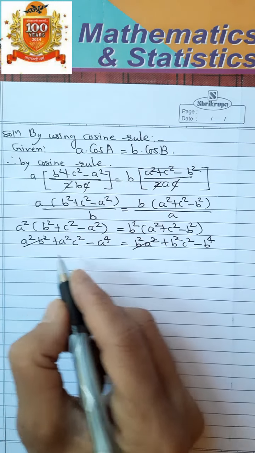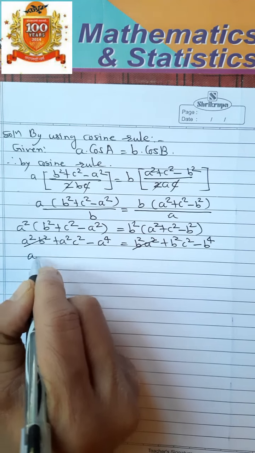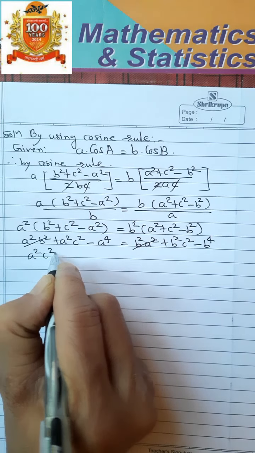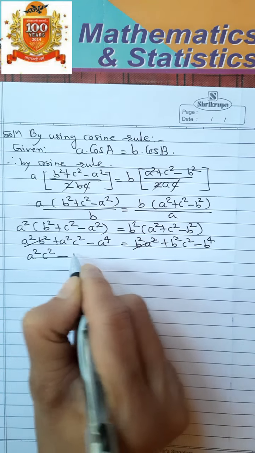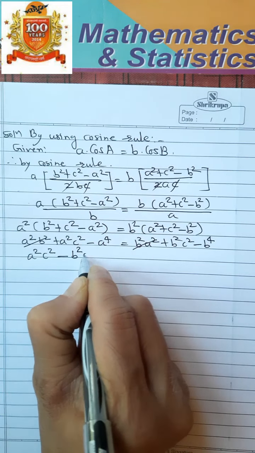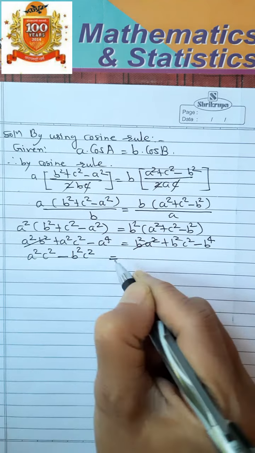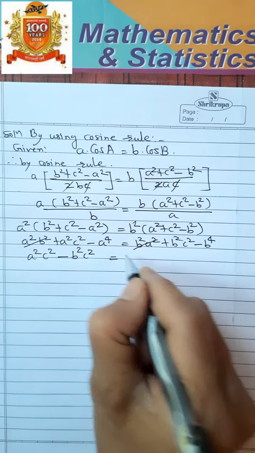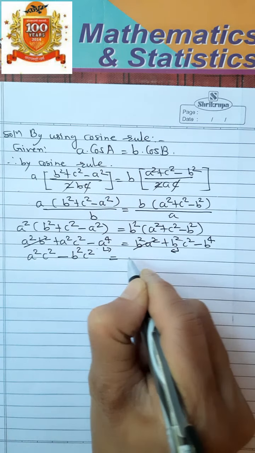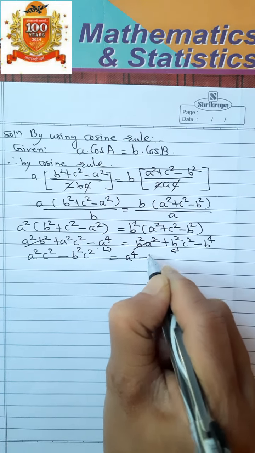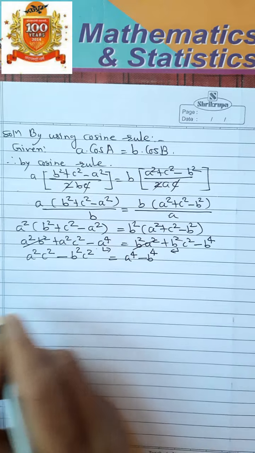What is remaining here? A square C square minus B square C square is equal to, transferring, A raised to power 4 minus B raised to power 4.